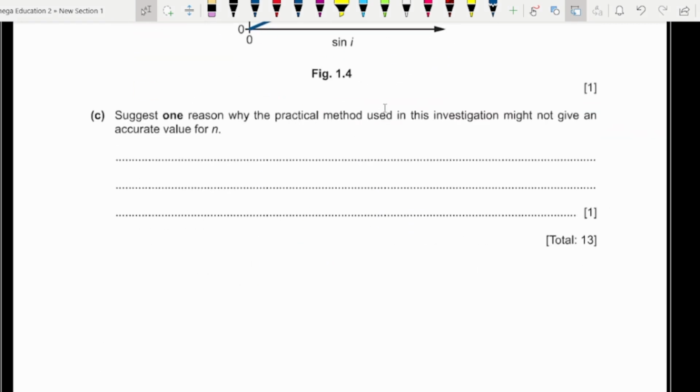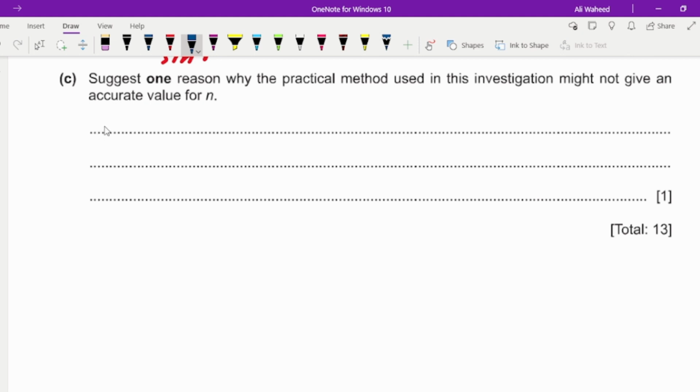Then we have another one. Suggest one reason why the practical method used in this investigation might not give an accurate value of n. Curve of best fit drawn inaccurately, because we obtain the value of angle of refraction from the curve of best fit.